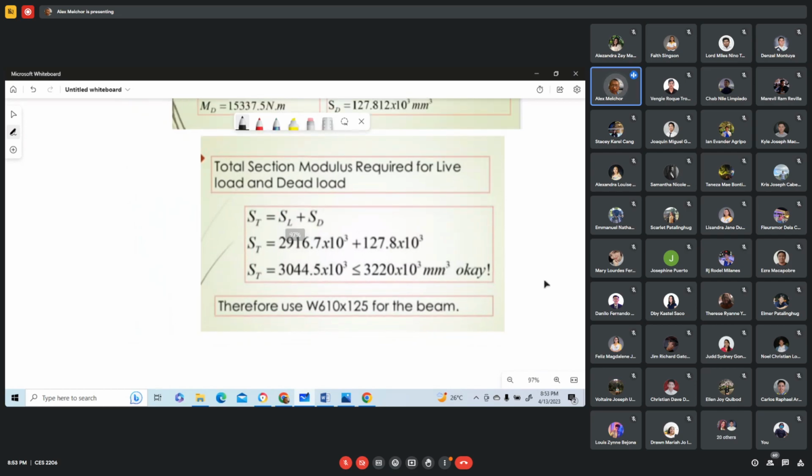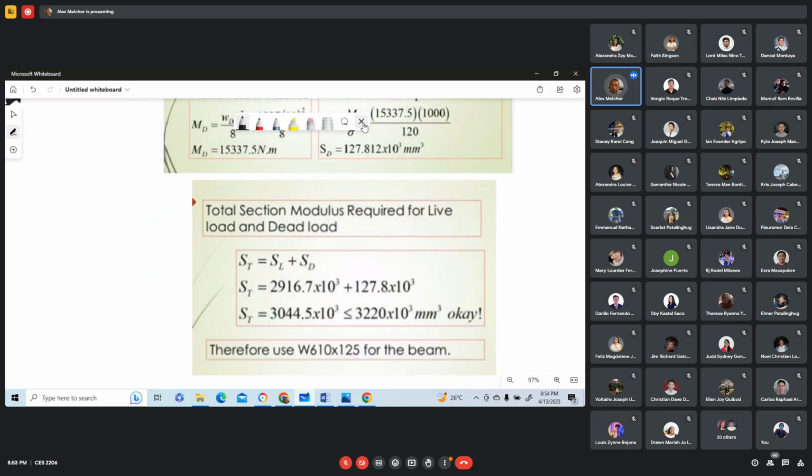Are there any questions in here or portions which you cannot understand? Excuse me, sir. What is the difference between live load and dead load? The live load is a load that can be transferred, like the load of the people acting over a beam.